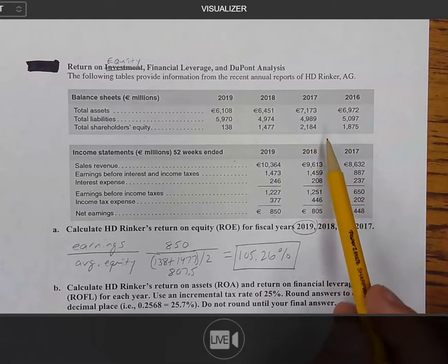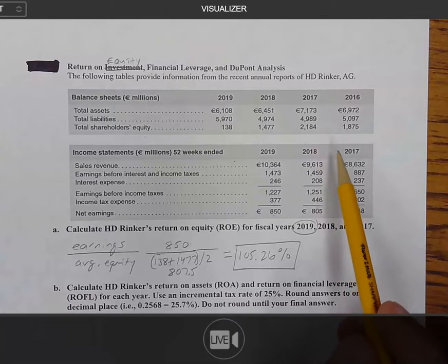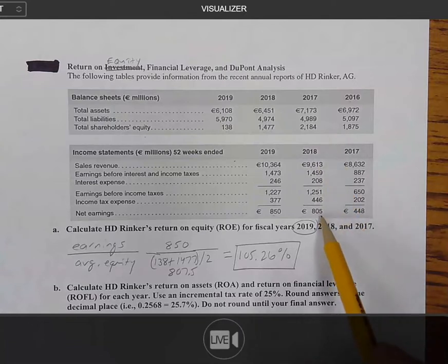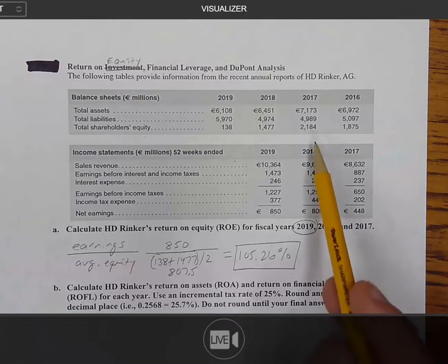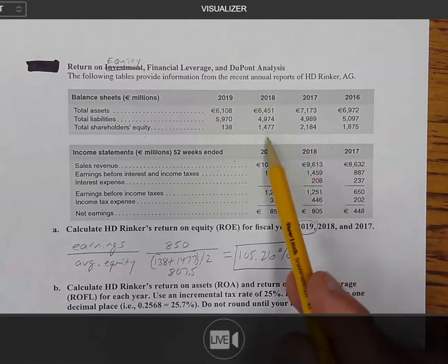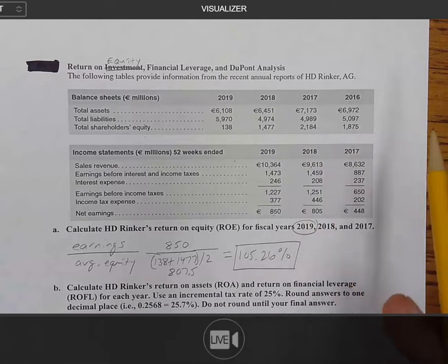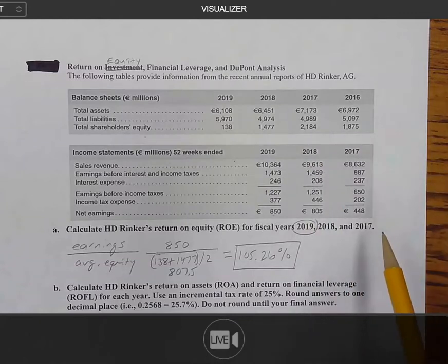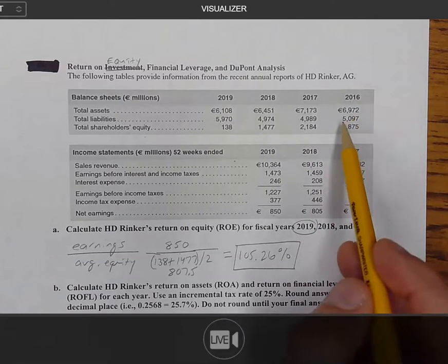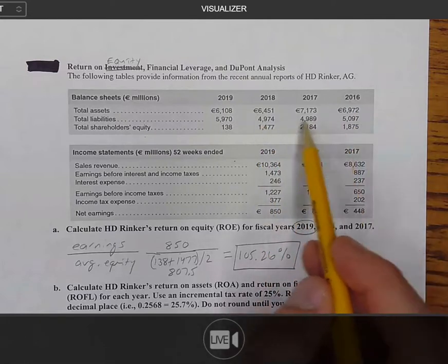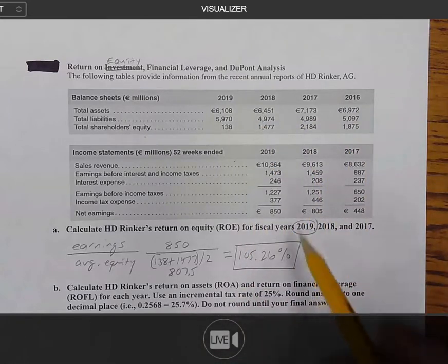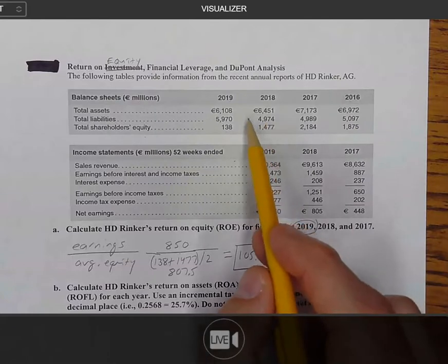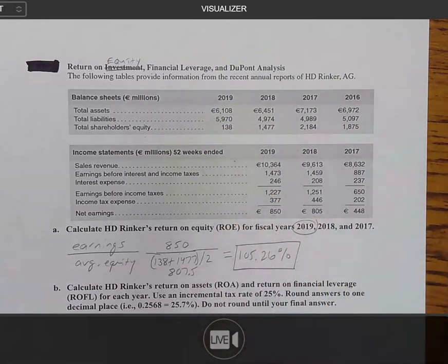But then the next year we're making 805, and we're paying out 805, and then some. Equity is going down, or the other possibility is that debt is going up. Now, when we look across this, with the exception of 18 to 19, we don't see any real big fluctuations in debt.